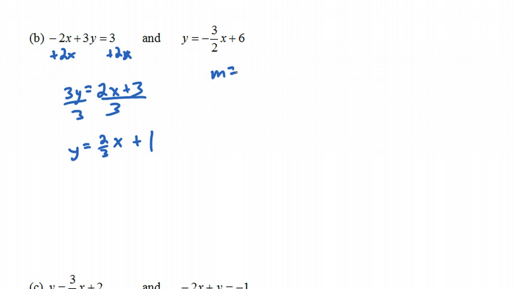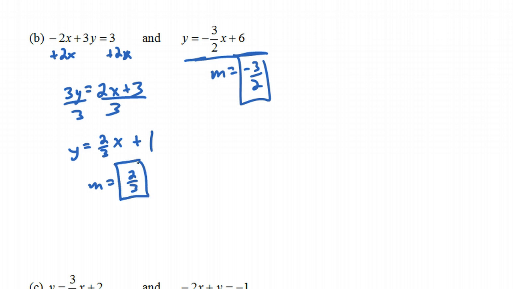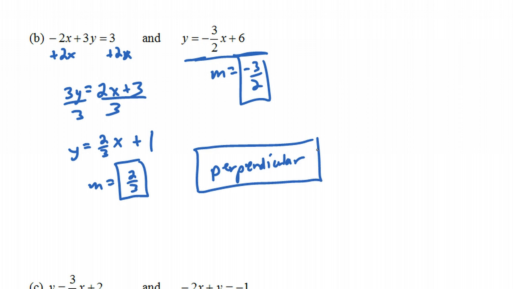Notice the m here is -3/2 for this line, and the m here is 2/3. Notice that -3/2 and 2/3 are negative reciprocals of each other. These two are negative reciprocals of each other, so they are perpendicular. So that's our answer here.